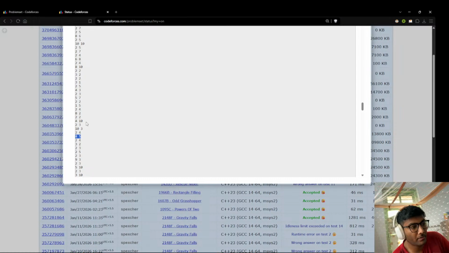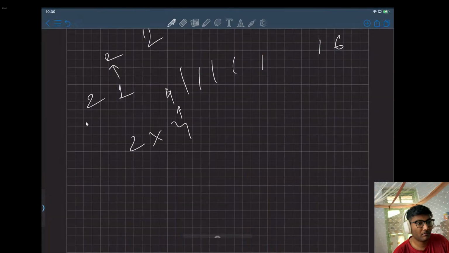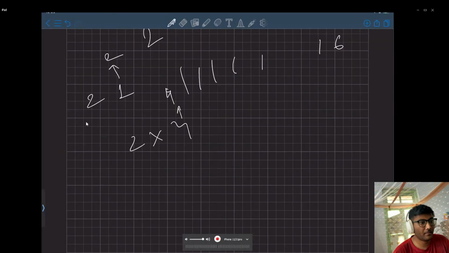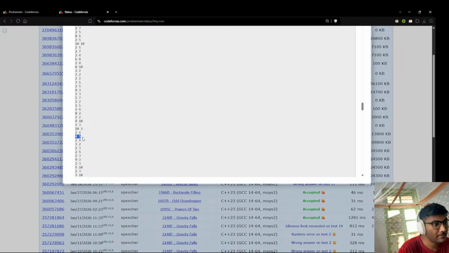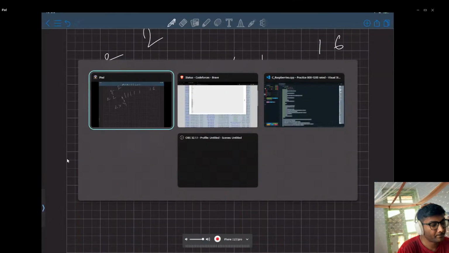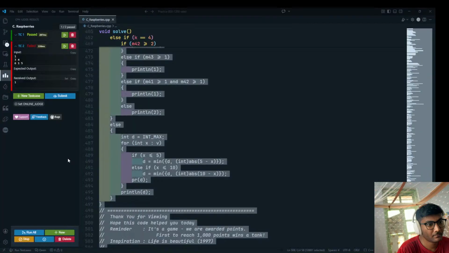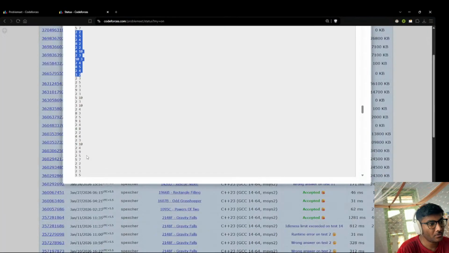Here the modulo 4 is directly 0. How does this fail? Let's try this. Otherwise, it's not the 27 case, I guess. Let's try all of these.